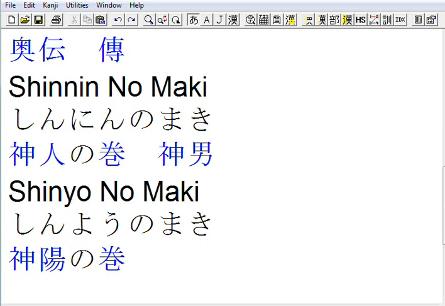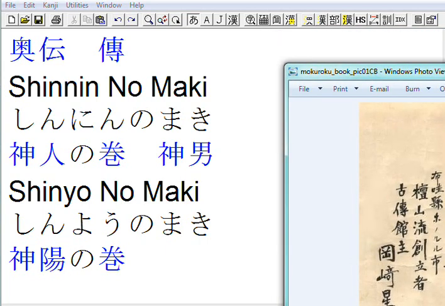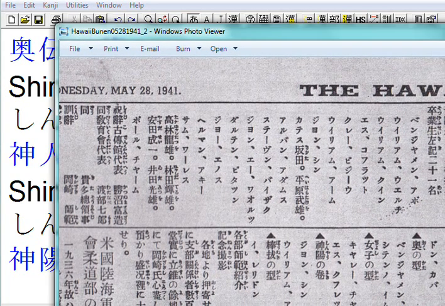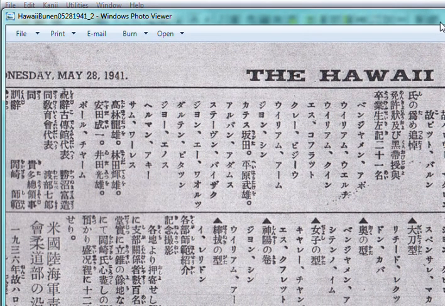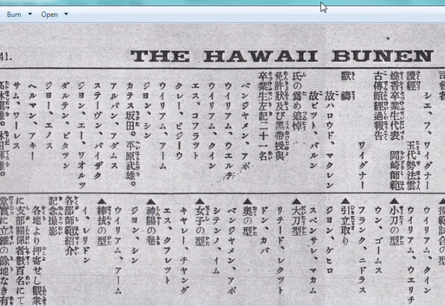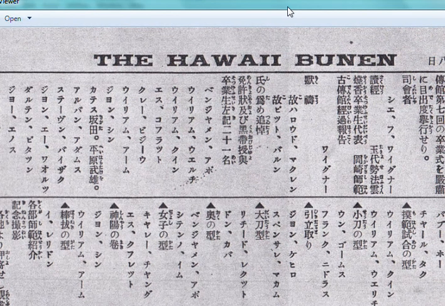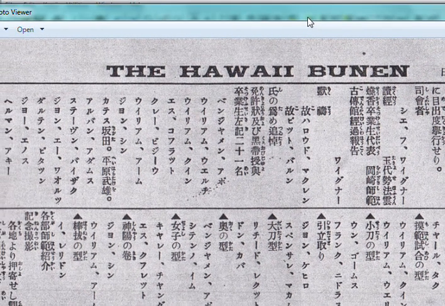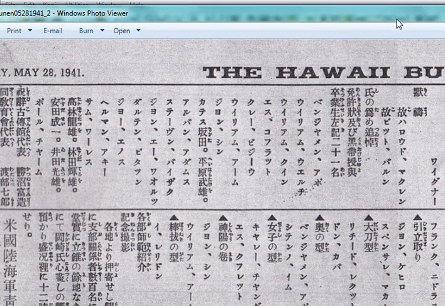But fortunately, in the recent years, I've run across a document, and I'm going to pull that one up here, and that is an old Japanese newspaper, and as you can see, this is the Hawaii Bunen, which was a Japanese newspaper in Hawaii, and as you can see, the date is May 28th, 1941, and this was a newspaper that was read by Japanese citizens and Japanese people in Hawaii back then, in the 30s and 40s.